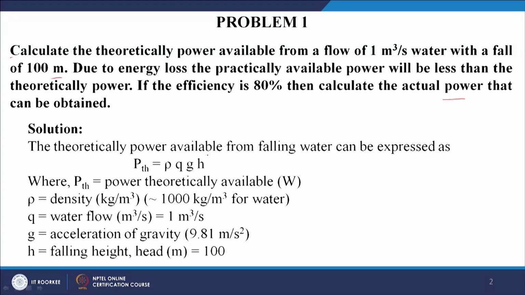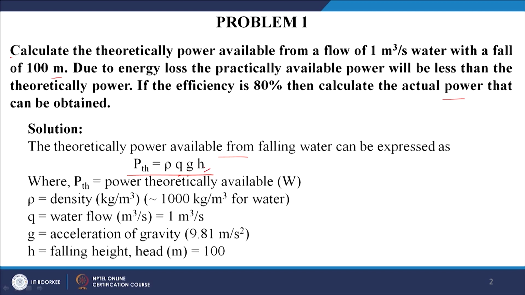So, we know that the theoretically power available from falling water can be calculated by this formula: P_TH, theoretically available power in watt, is equal to rho into Q, that is the water volumetric flow rate in meter cube per second, into g, the acceleration due to gravity, into H, the falling height.